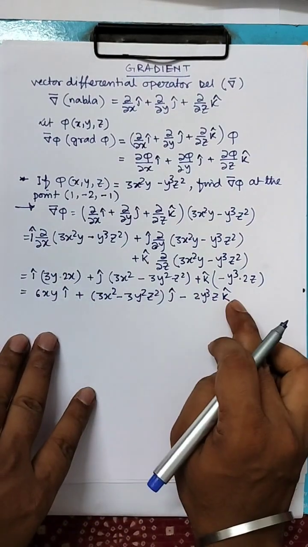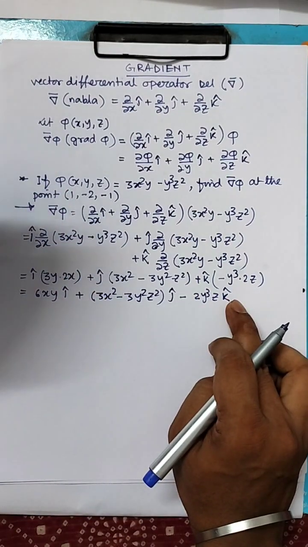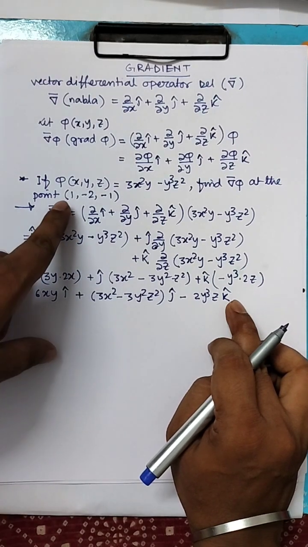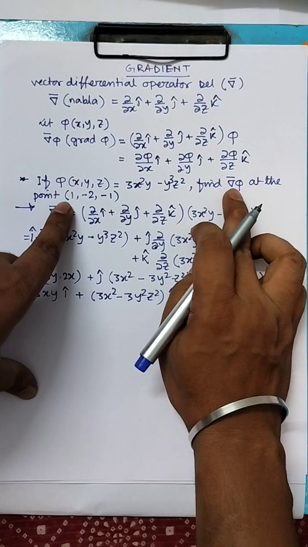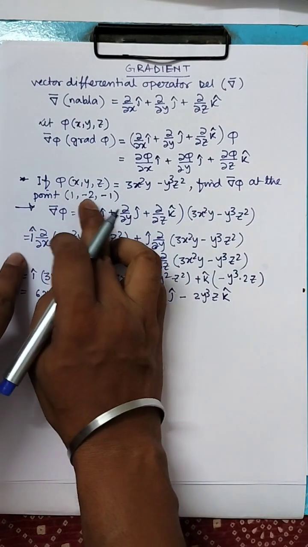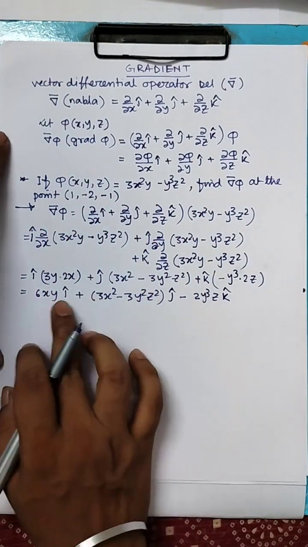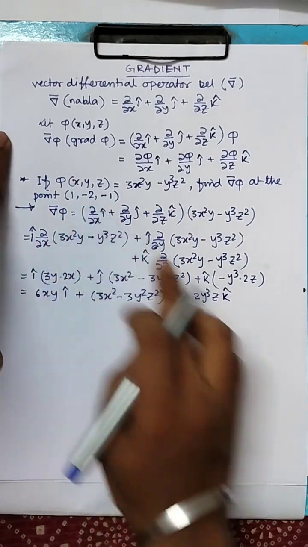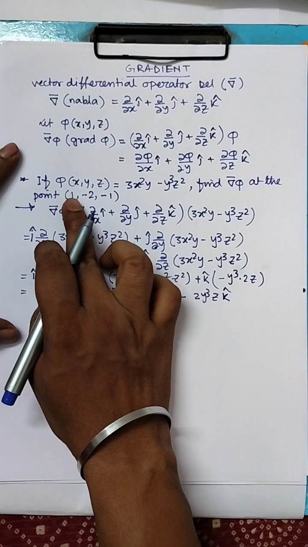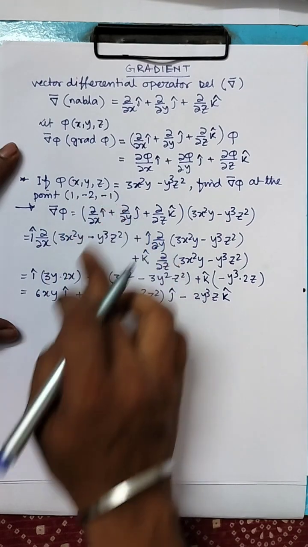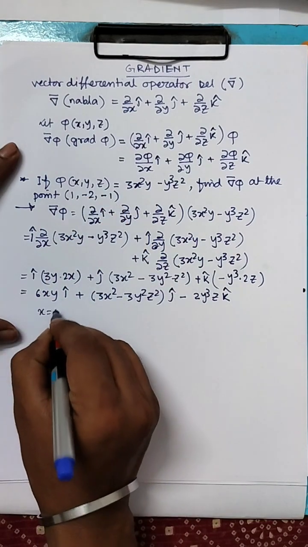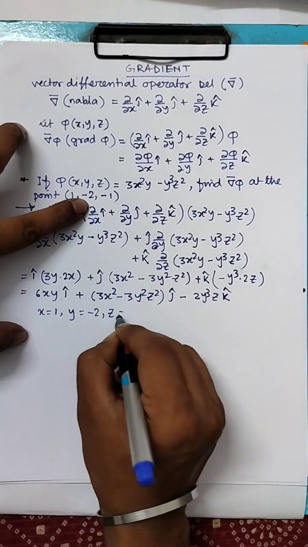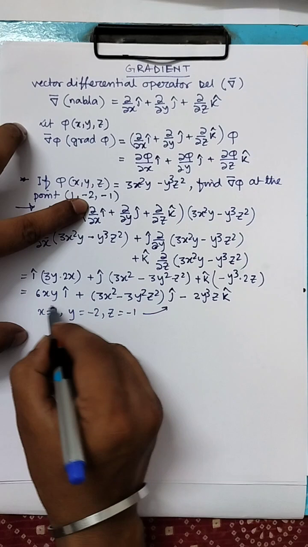This could be an answer if the question were only to find the gradient, but in this question we have to find the gradient at the point (1, -2, -1). So we have to put x equal to 1, y equal to -2, z equal to -1. Actually this is the value of x, y, z. So put x equal to 1, y equal to -2 and z equal to -1 in this equation.